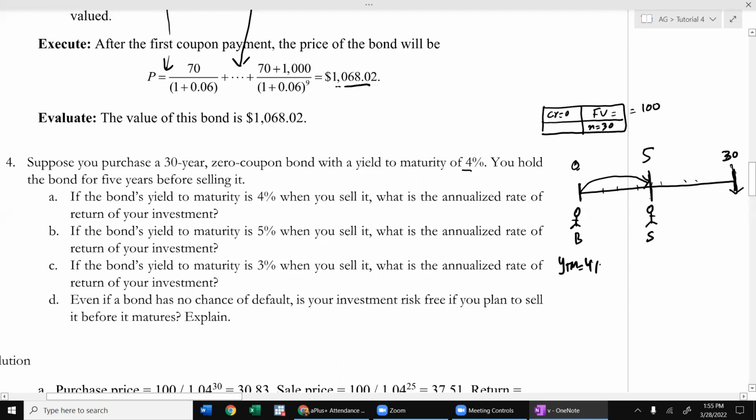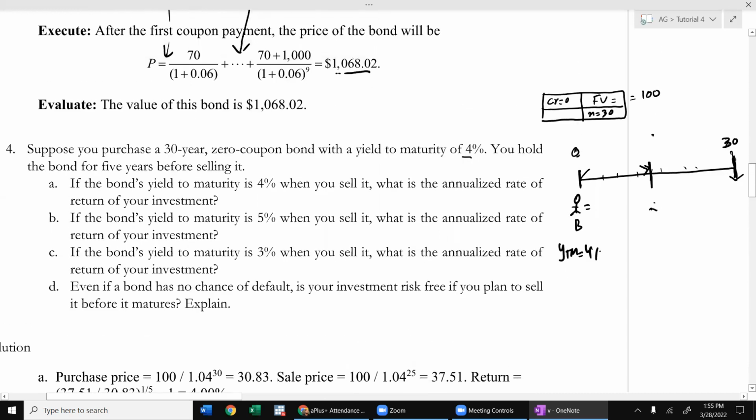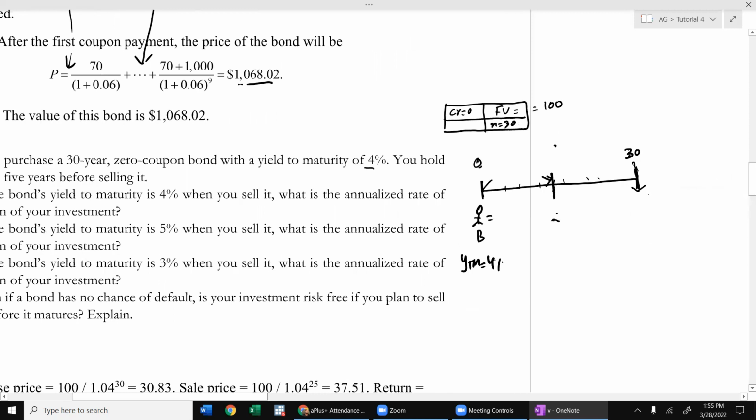Okay, so when you invested in this bond, what is the price of this bond? When you do the valuation, it's a very simple valuation because you just need to calculate the present value.